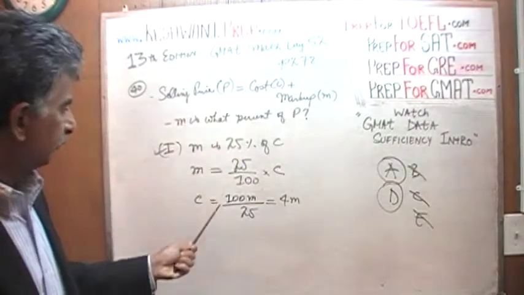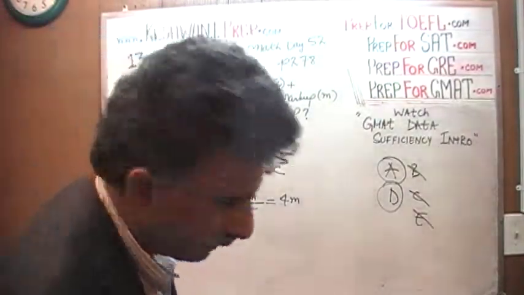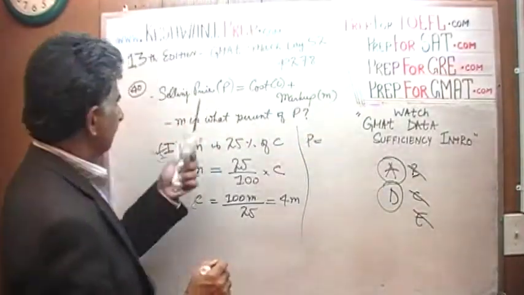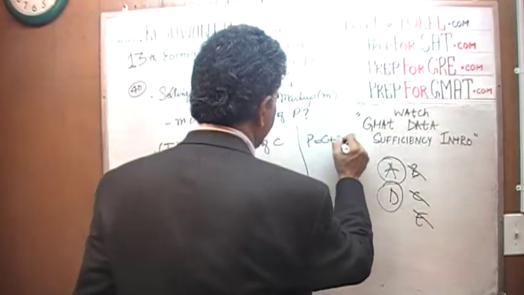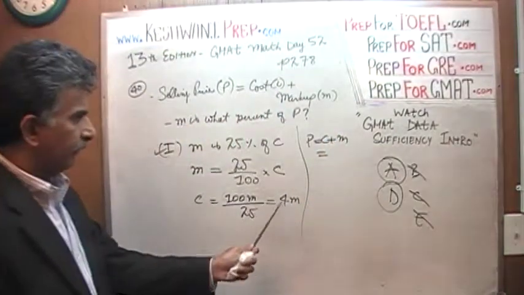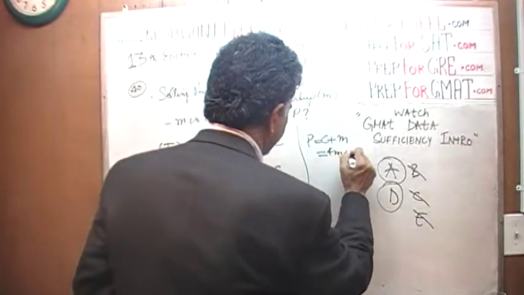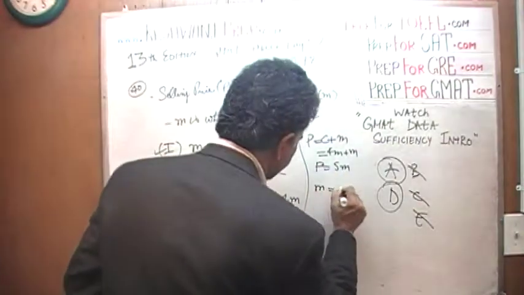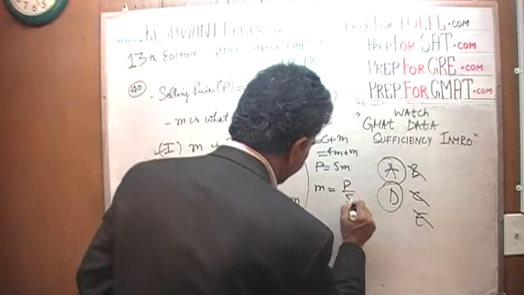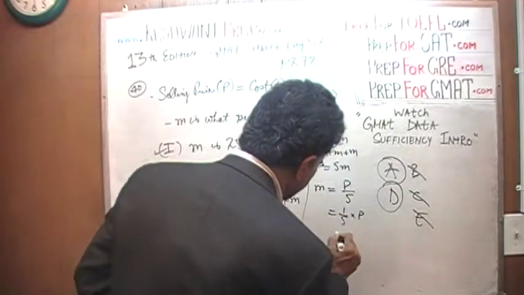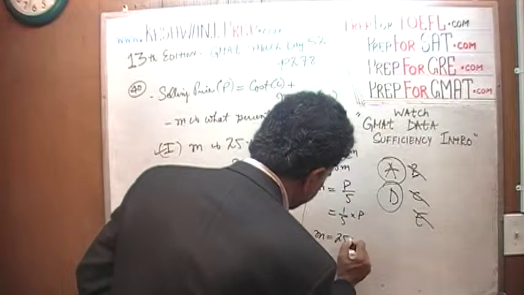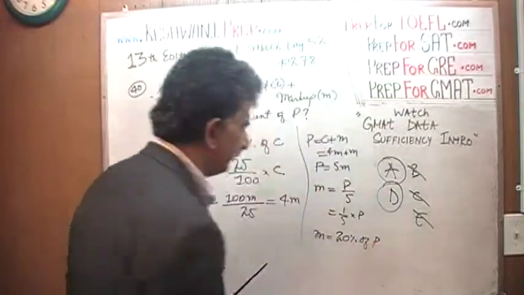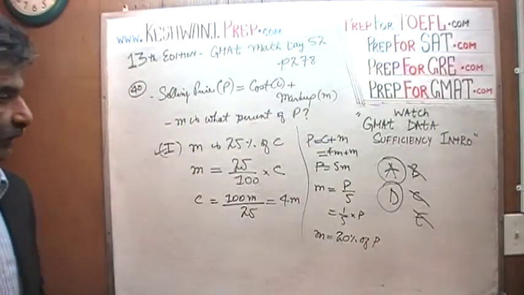We can substitute this in here, and we get that the price is C plus M, and C we just found out is 4M, so it's 4M plus M, or 5M. The price is 5M, which means that the markup is P over 5, or 1/5 of P, or markup equals 20% of P.